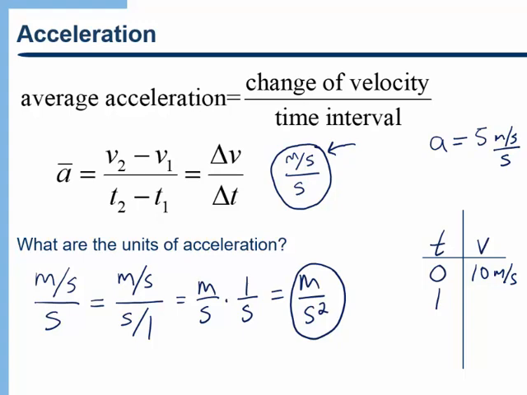Well, the answer is it would be going 15 meters per second, because what this is telling you is that for every second that goes by, the velocity is changing by 5 meters per second. So then after another second, we'd be going 20 meters per second, because once again, it would have changed by 5 meters per second in that second.